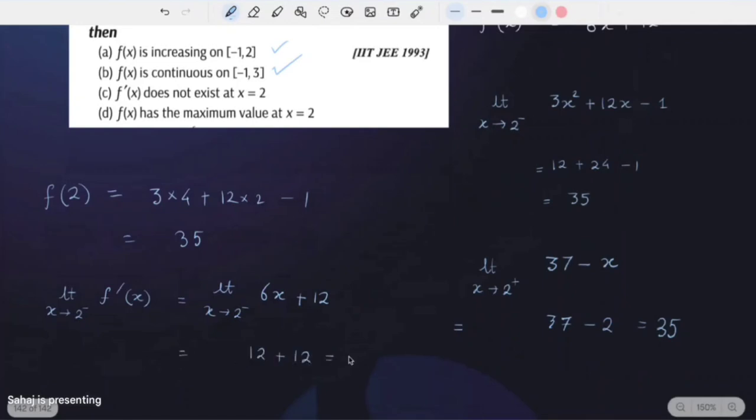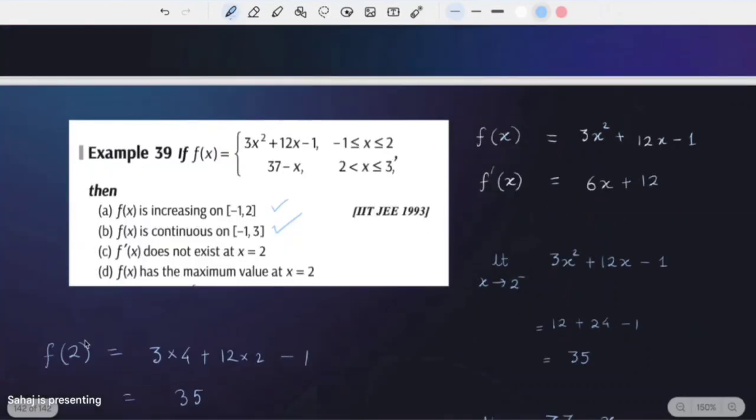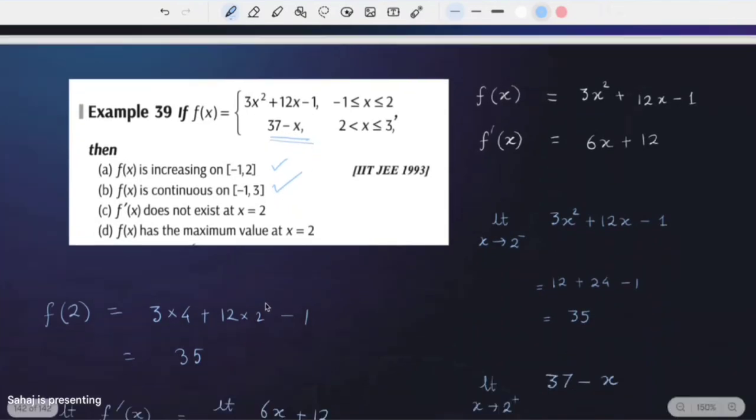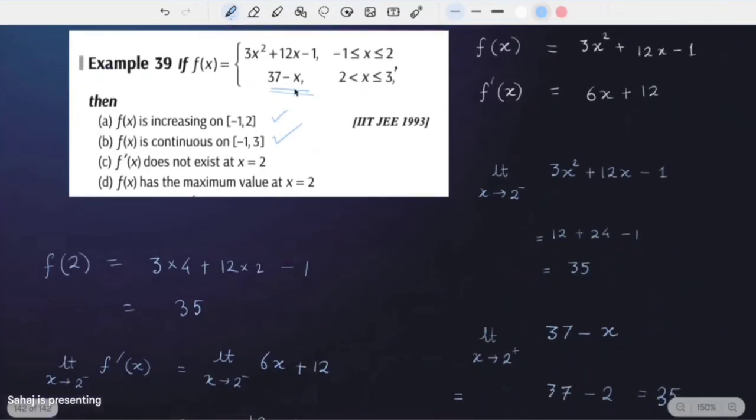Good. What about the right hand one? The right hand limit, 2 plus, sorry. For the right hand side, you have to take the derivative of the first piece, x minus 1, which gives minus 1.